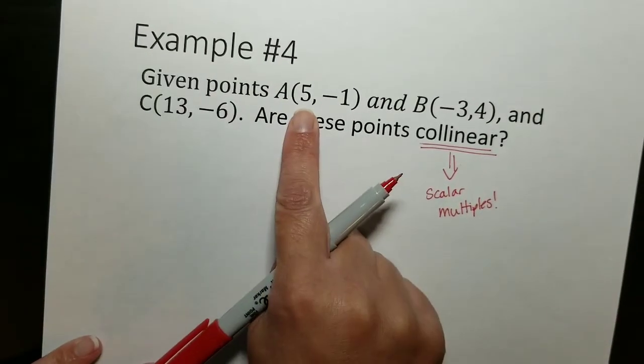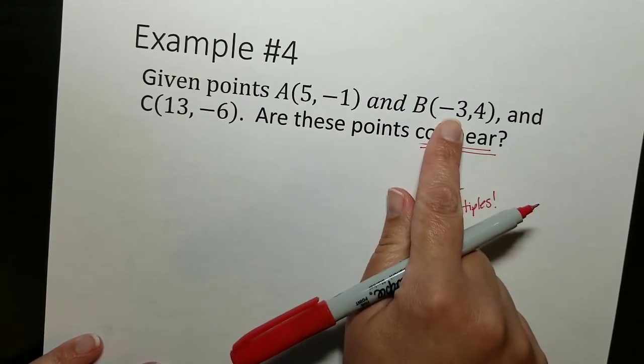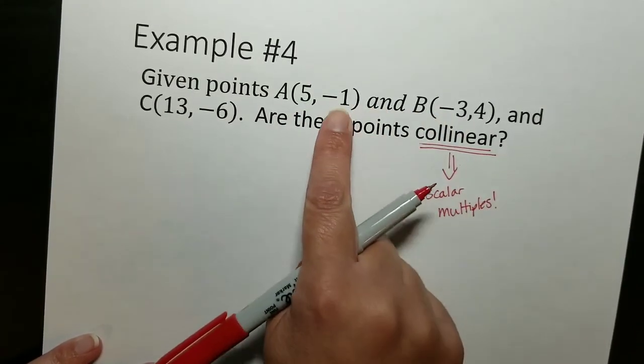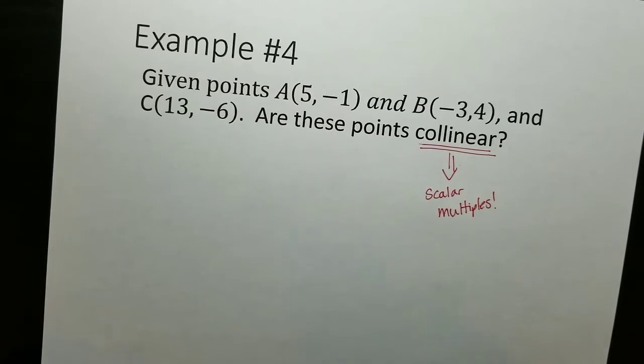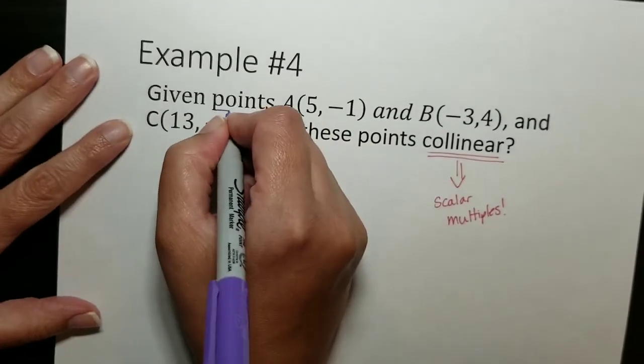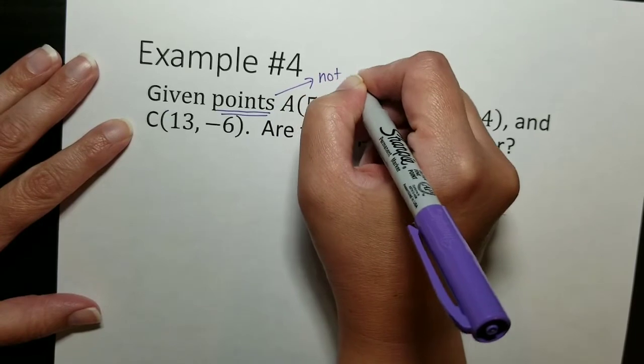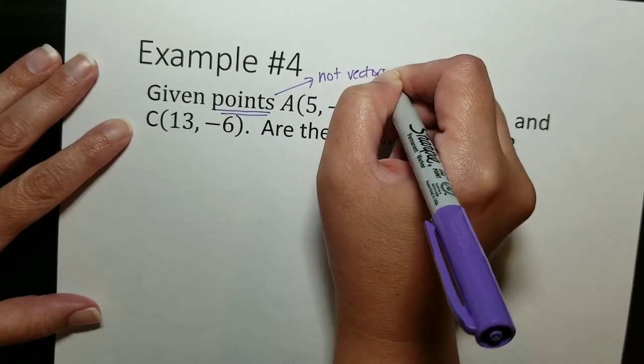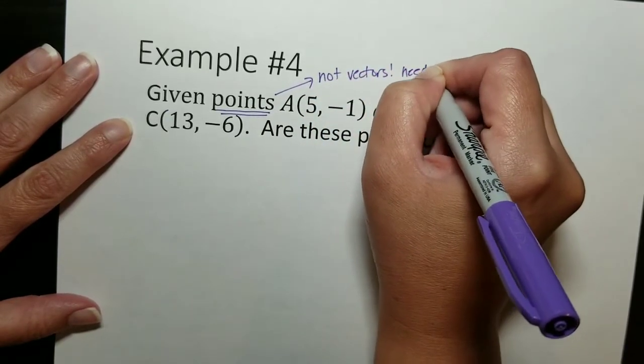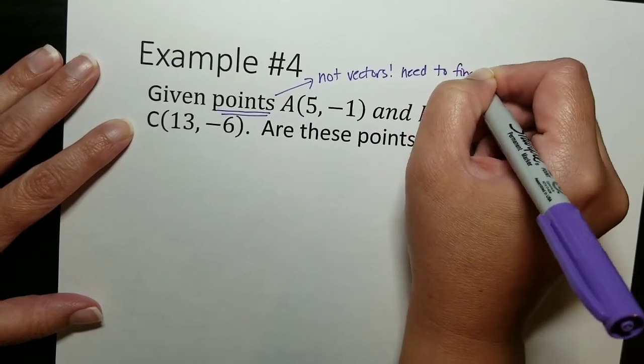But I think you guys probably look at these and think, well, those are obviously not scalar multiples. These are not vectors. Sometimes because the vector notation and points look really similar, right? These are points, not vectors. You need to find vectors.